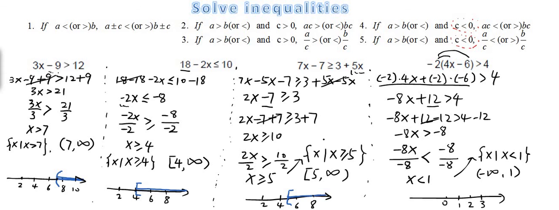Okay, and again, since here we have the 1, right? 1 is not included, so we're going to use a round bracket, to negative infinity. That's it.